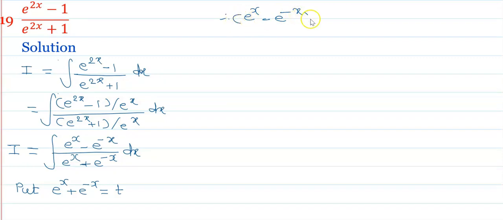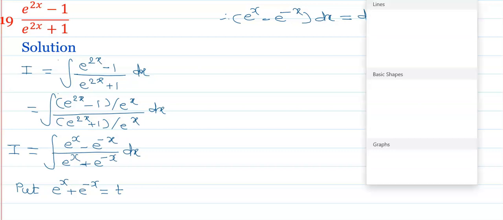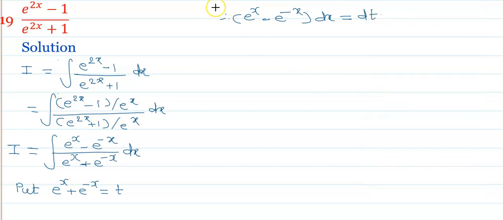Here the bracket is complete, into dx, and that equals dt. This is important, the square bracket here.